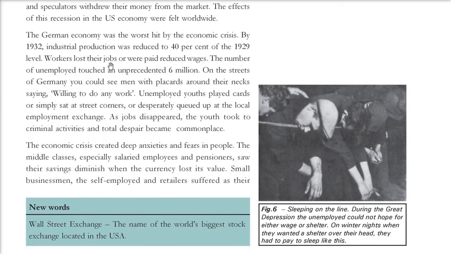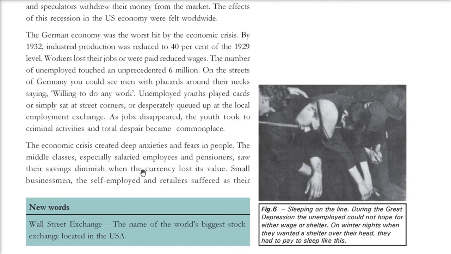By 1932, industrial production was reduced to 40% of the 1929 levels. Workers lost their jobs. The number of unemployed was 6 million. So all were jobless, and this economic crisis created anxiety and fear in people.